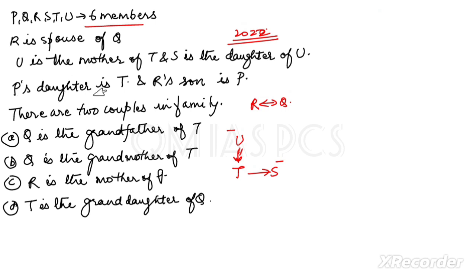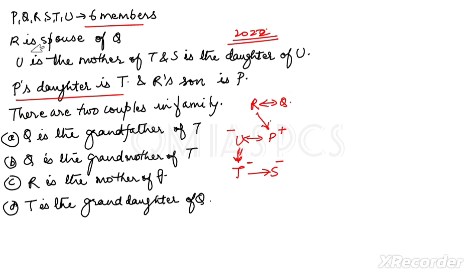Okay, P's daughter is T. If it is given P's daughter is T, that means they should be a couple. This should be a plus. Then R's son is P. That means there should be R, so we can connect this one.